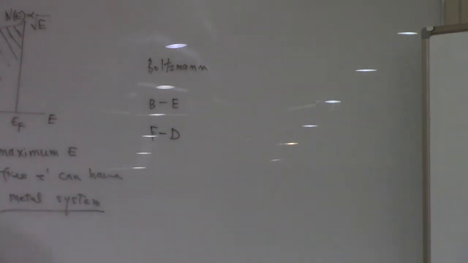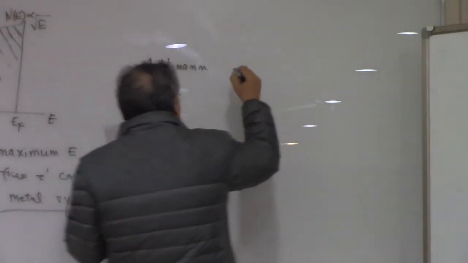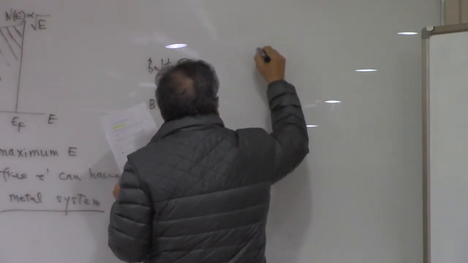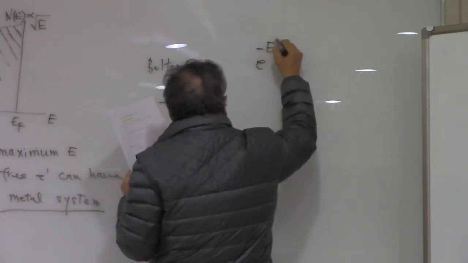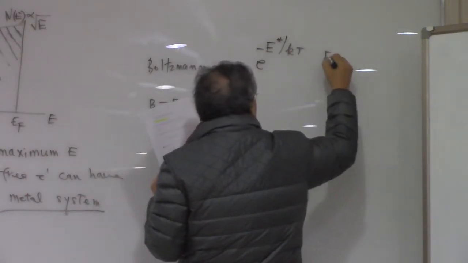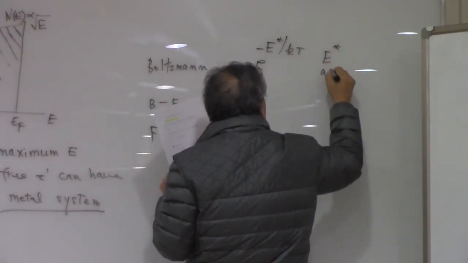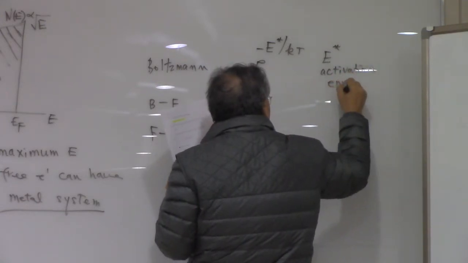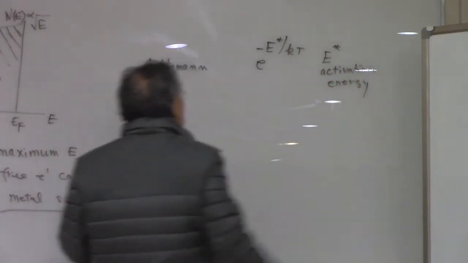Three statistics are most popular. Okay, the Boltzmann statistics is well known that can be written as e to the E star over KT, where the E star is the activation energy for some system.